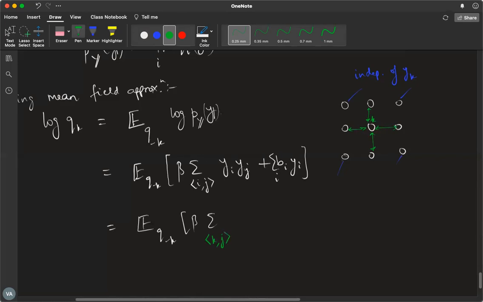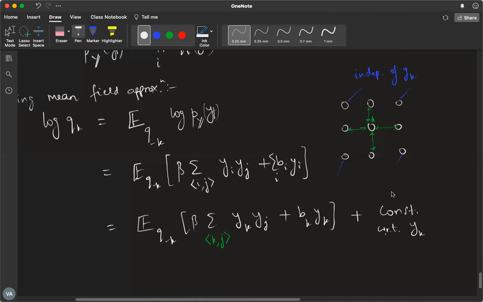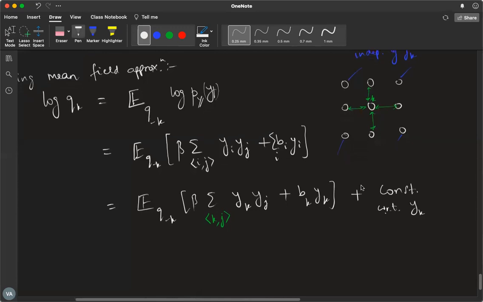I have simply chosen j so that here I'm putting my i equal to k. Yk yj plus summation over i also, where i is simply k, so bk yk. All other terms are simply gone and they are constant with respect to yk, right? Those terms don't contain yk, right?